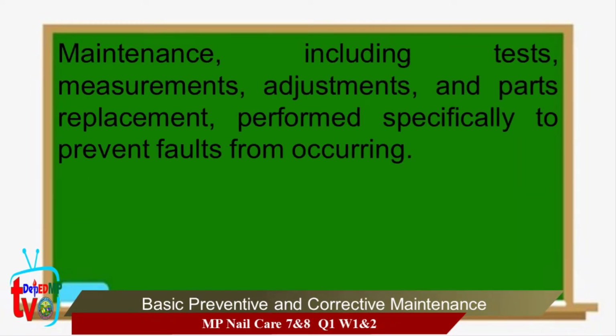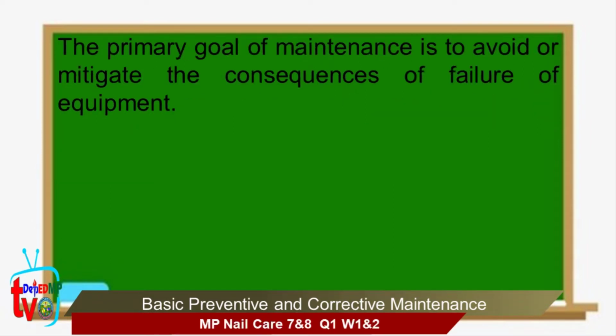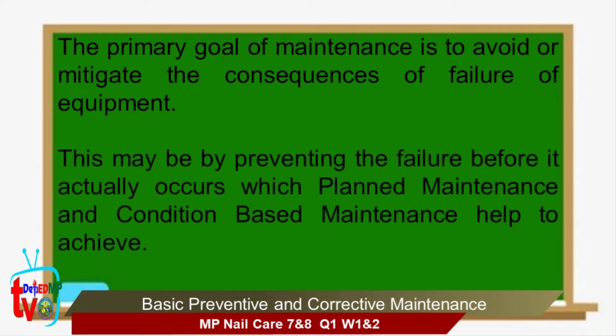Maintenance, including tests, measurements, adjustments, and parts replacement, performed specifically to prevent faults from occurring. The primary goal of maintenance is to avoid or mitigate the consequences of failure of equipment. This may be preventing the failure before it actually occurs, which planned maintenance and condition-based maintenance help to achieve.